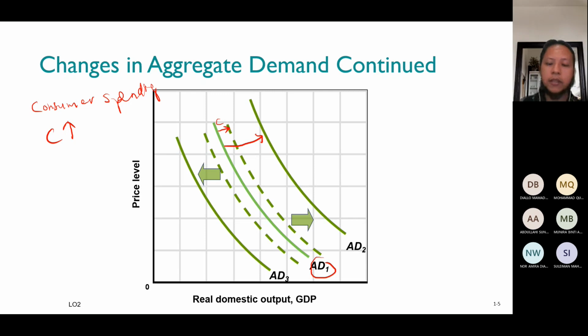For example, if you see the policy response during COVID, governments around the world gave money to people, and this caused consumer spending to increase, and because of the multiplier effect, when you spend in the economy, this gives income to businesses, and then businesses start to have some cash flow. And when they have cash flow, they can retain workers, and they can rejuvenate their business and start to produce again.